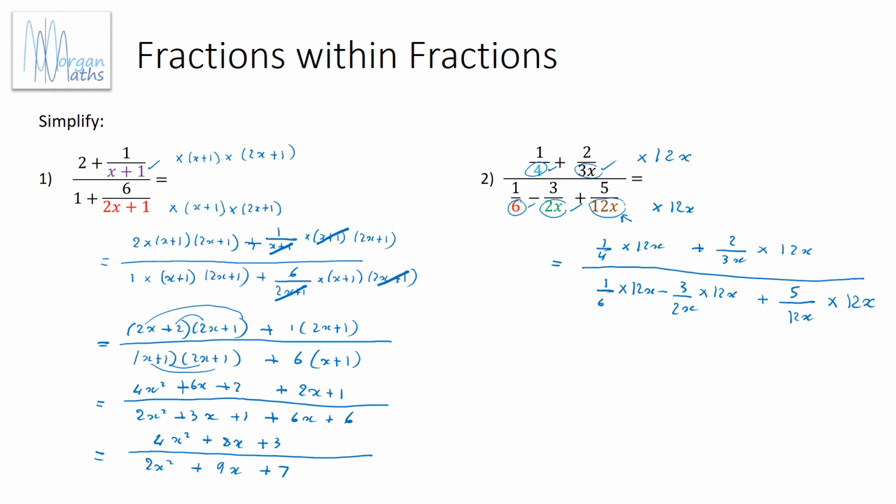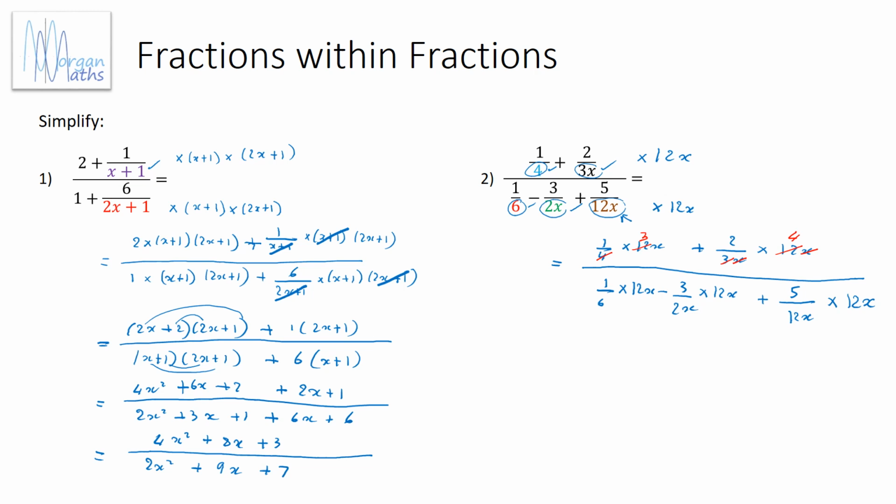Okay, we now need to simplify each of these fractions. Let's do them one by one. So 12x times a quarter, well, the 4 and the 12 cancel, we're left with 3x. And then 2 over 3x times 12x, the x cancels. And then the 12 over 3 means that you're left with a 4.